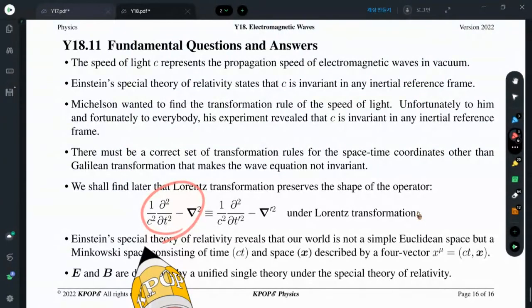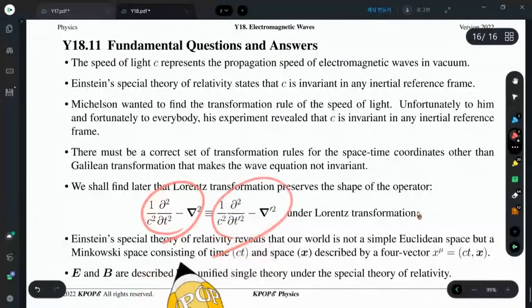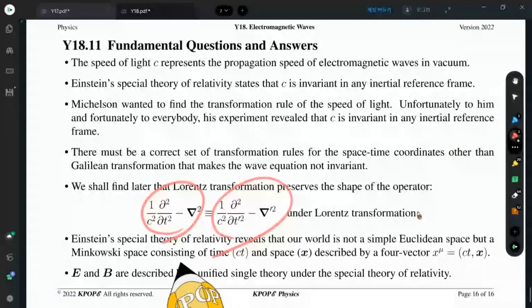However, if you introduce the combination, the mutual transformation between time and spatial components, then it is indeed possible to have the same operator, because the physics equation must not differ depending on the frame of reference.